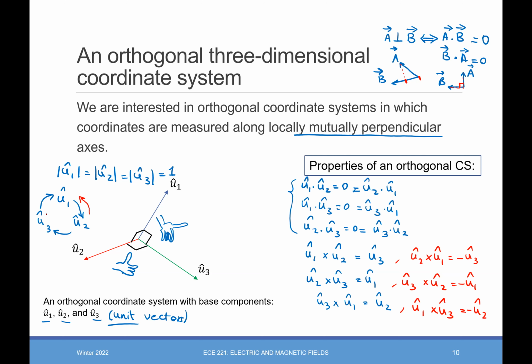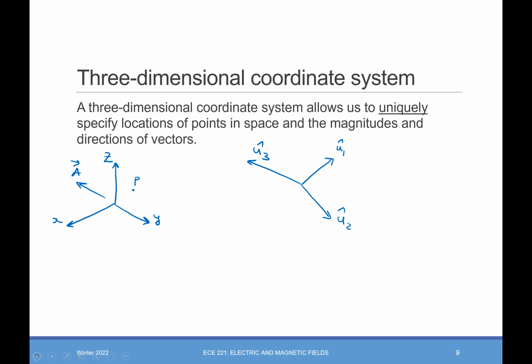Now let me go back to a question here. Leo is asking why it is uniquely important, the last slide. So let's go back here. Why do we need to uniquely specify locations of points in a space? Because we want to know exactly where things are, right?